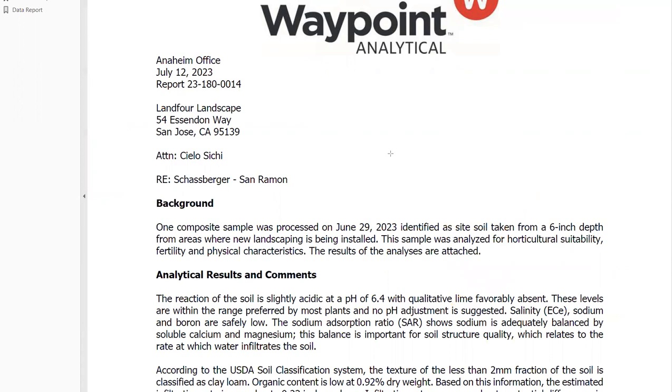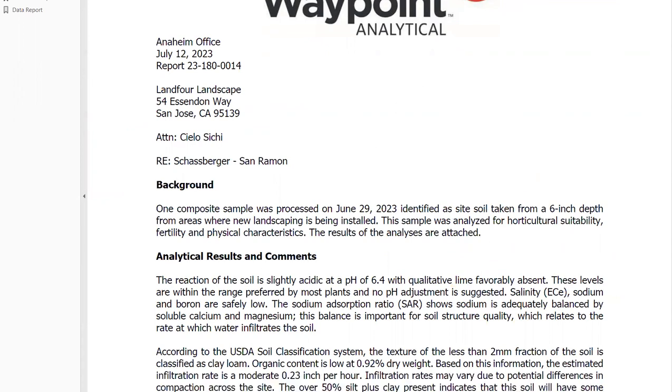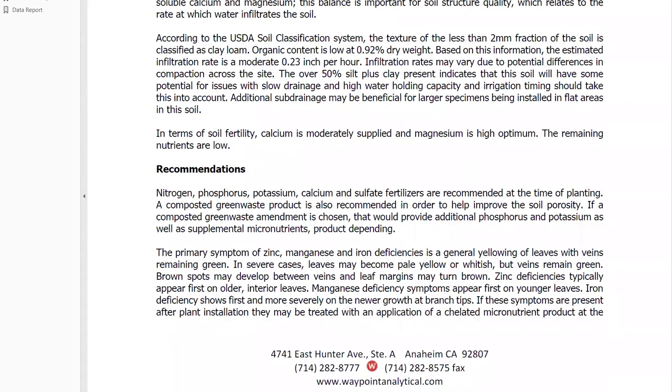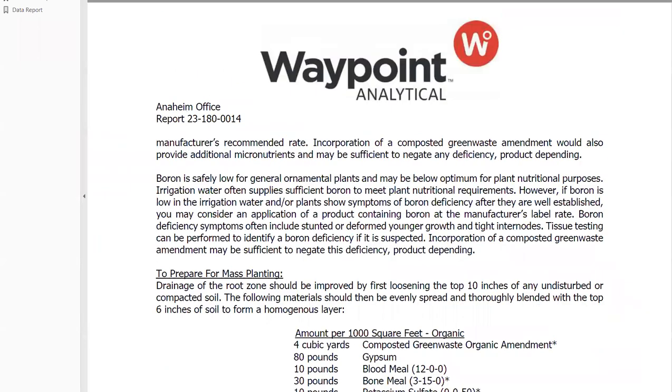So this is a recent soils analysis that I got.